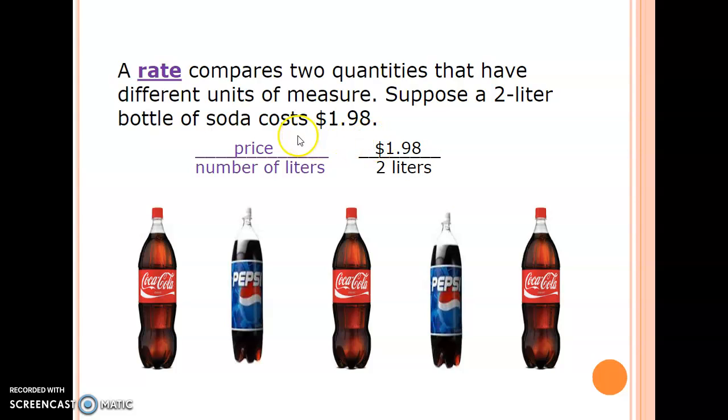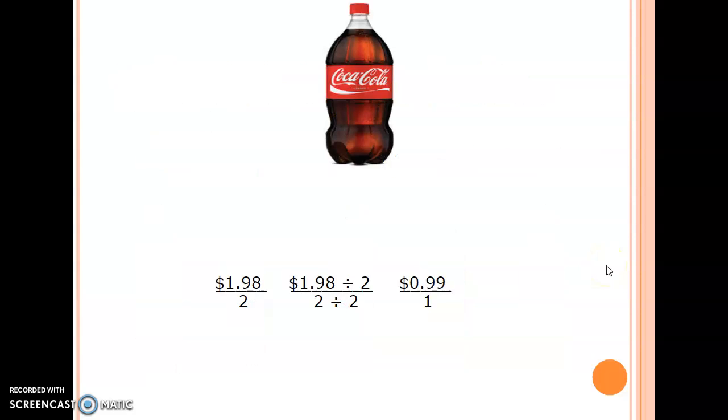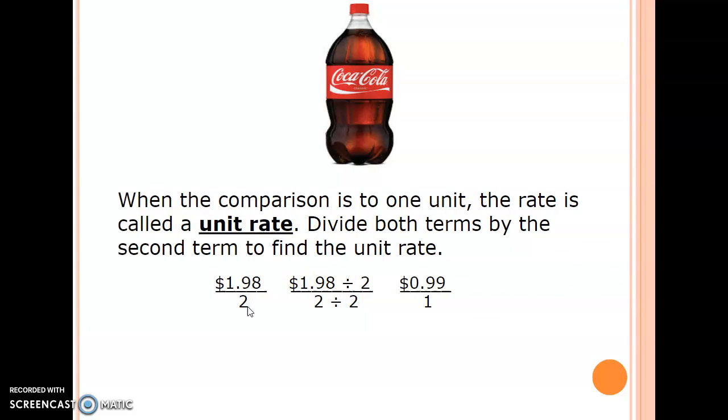Here we are comparing price to the number of liters. Those are our two units of measure that we're comparing. So here we have $1.98 for a 2-liter bottle of Coke.